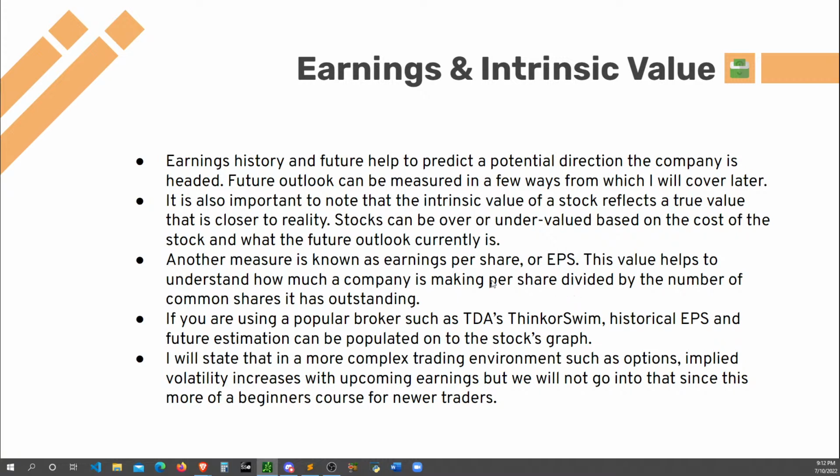There's a way to look at earnings per share very easily on Thinkorswim. Essentially, it puts it on the chart for you. When you look for a particular stock, you'll be able to just look at the earnings per share right off the bat when you pull up the chart. So I'm going to pull that up here real quick. Thinkorswim is loading, so bear with me.